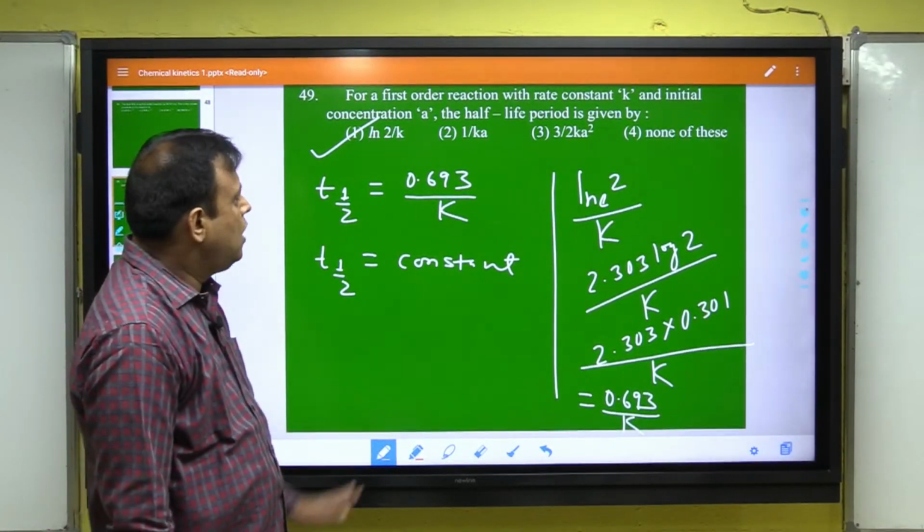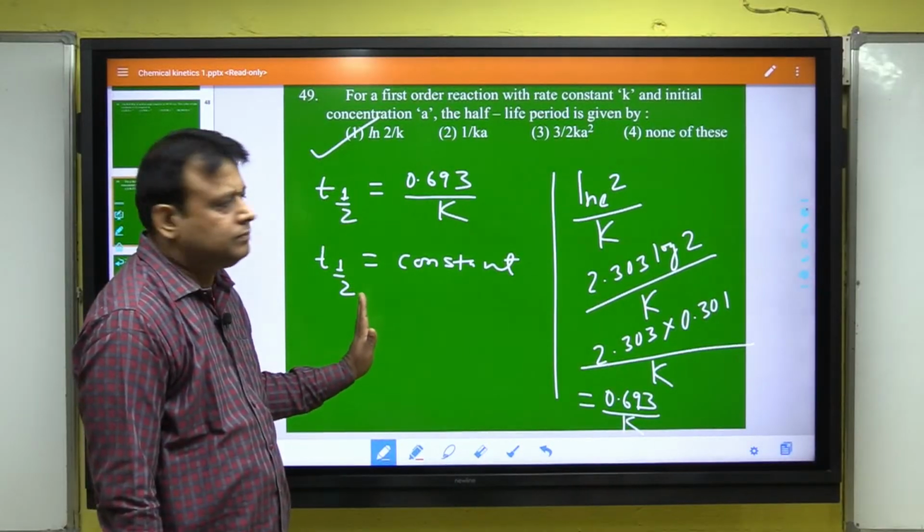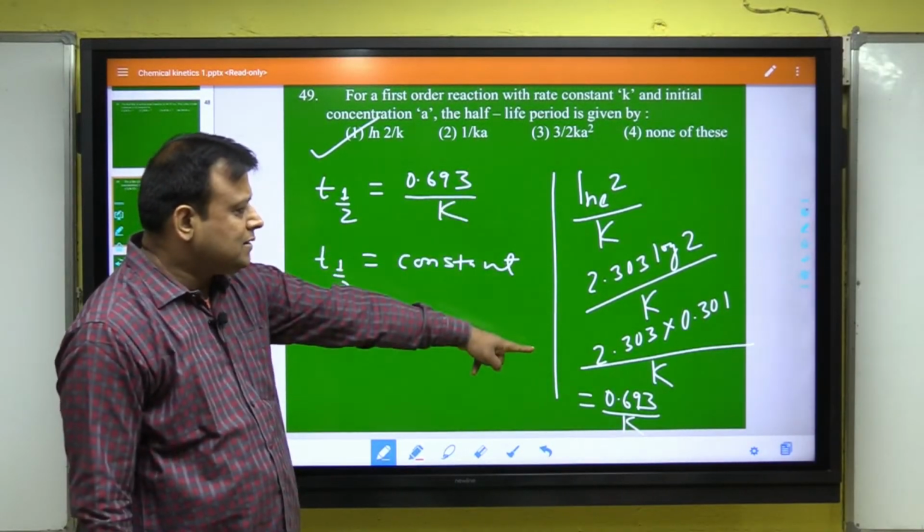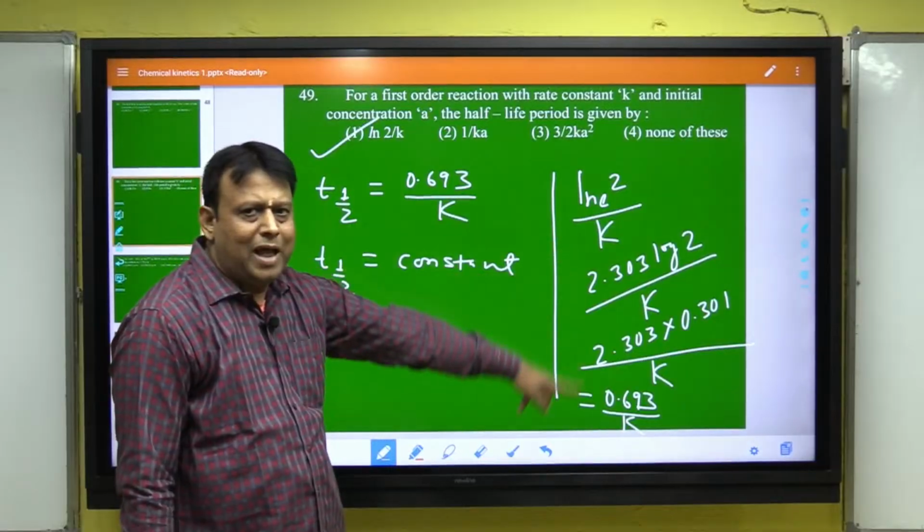Clear? Option number first is correct. Why first is correct? Its explanation.